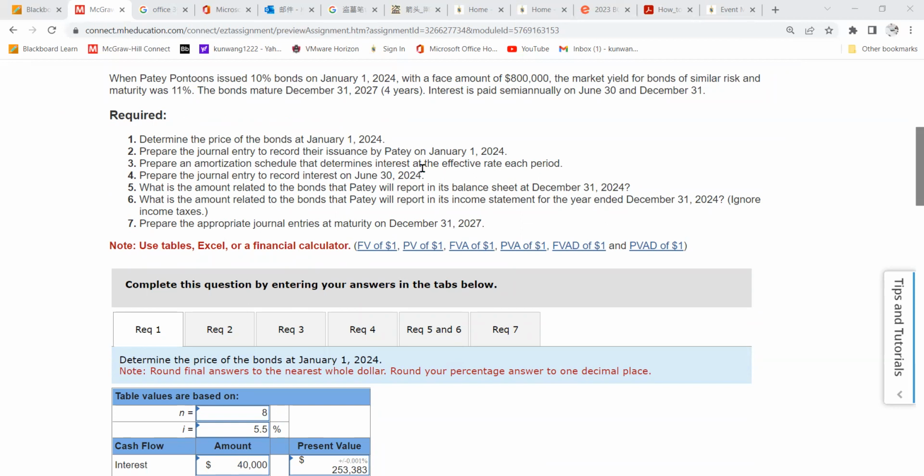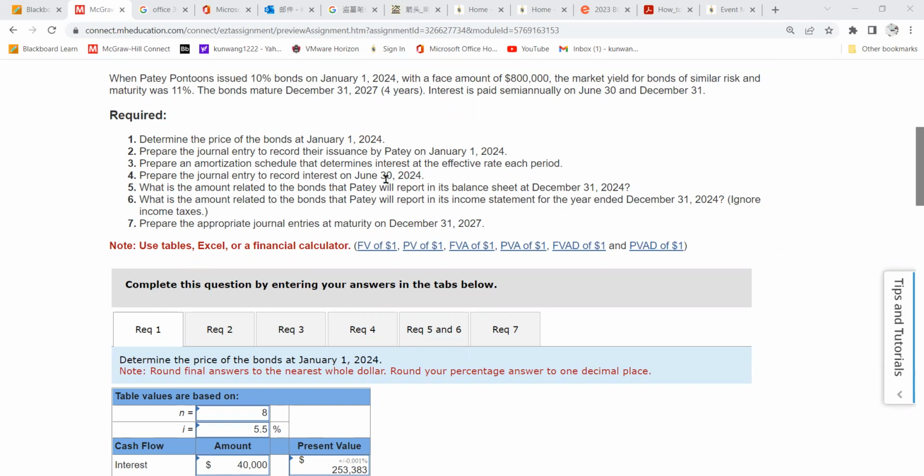And then number three is to prepare the entire amortization table, because we have 4 years and semi-annual interest. So you will need to have an Excel. For example, if I use Excel, I will have 8 different periods, 8 six-month periods covering all of the amortizations.